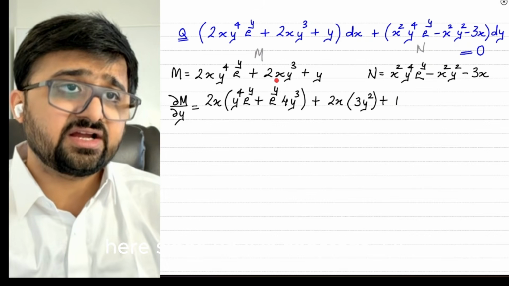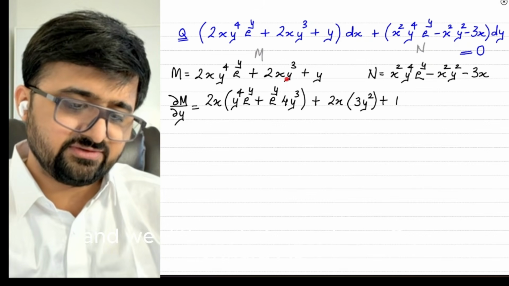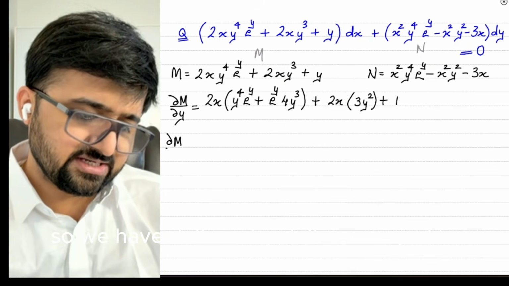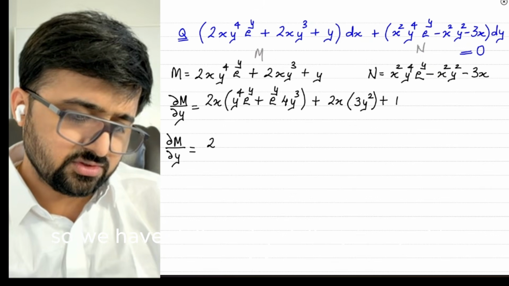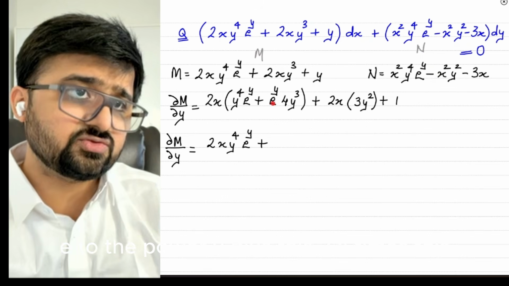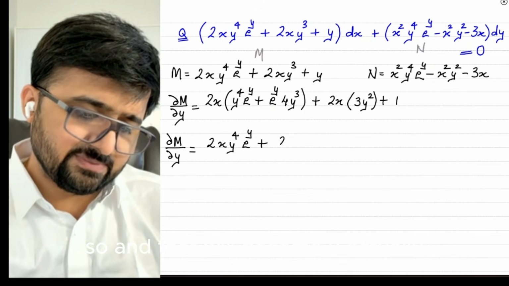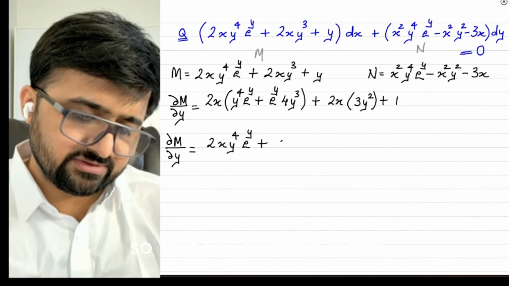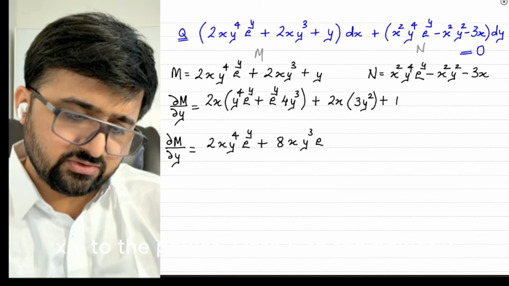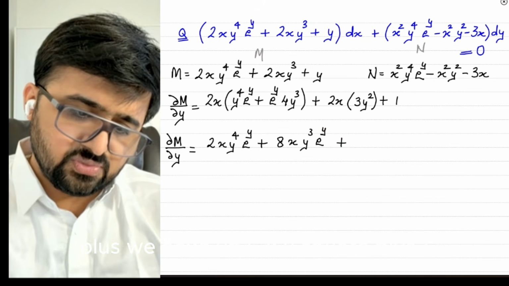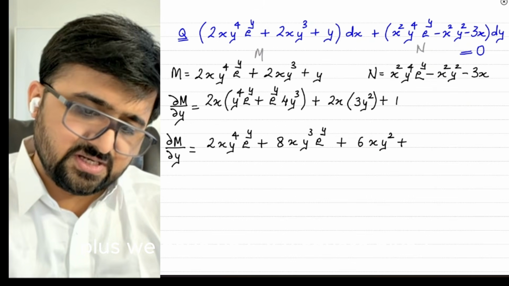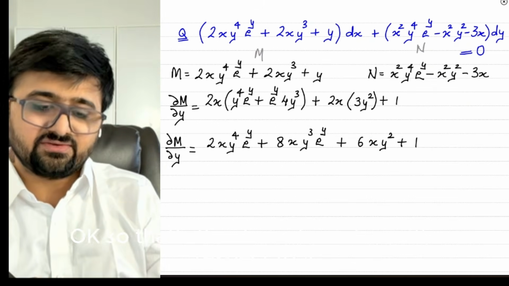Since x is constant, we kept 2x as constant and differentiated y^3 as 3y^2. Simplifying, ∂M/∂y is equal to 2x y^4 e^y plus 2x times 4y^3 e^y, which becomes 8x y^3 e^y because of that 4 and that 2, plus 6x y^2 plus 1. So that's the derivative of M with respect to y.